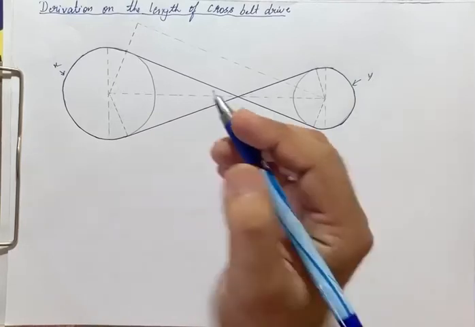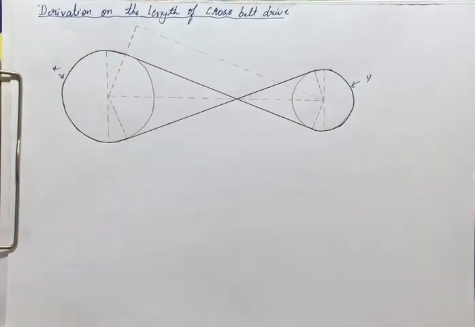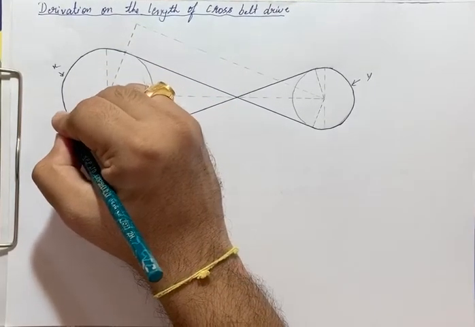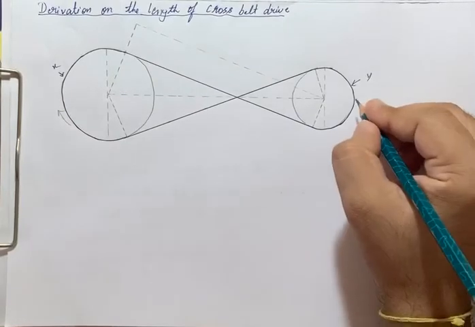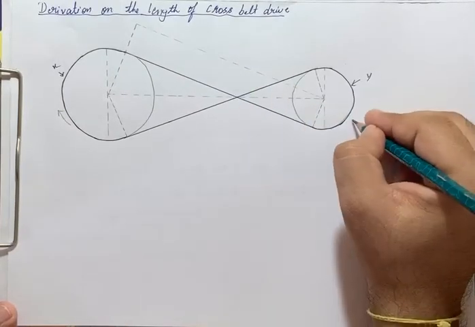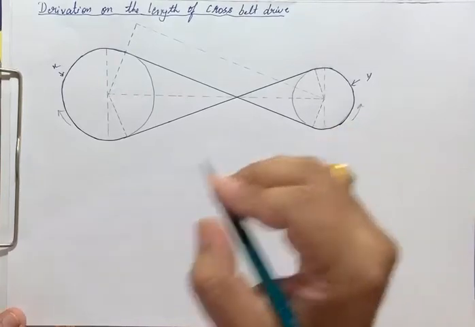If pulley X is rotating in the clockwise direction, pulley Y will be rotating in the anti-clockwise direction.